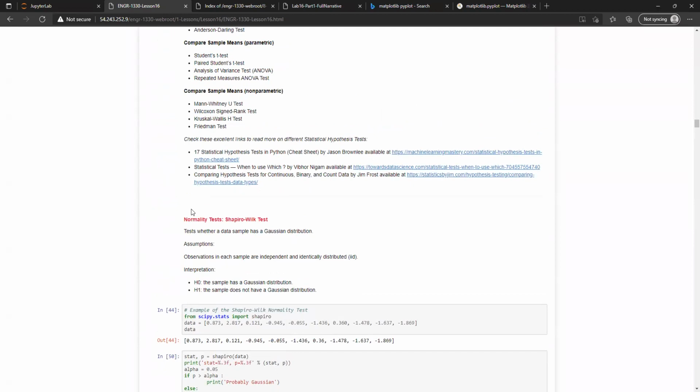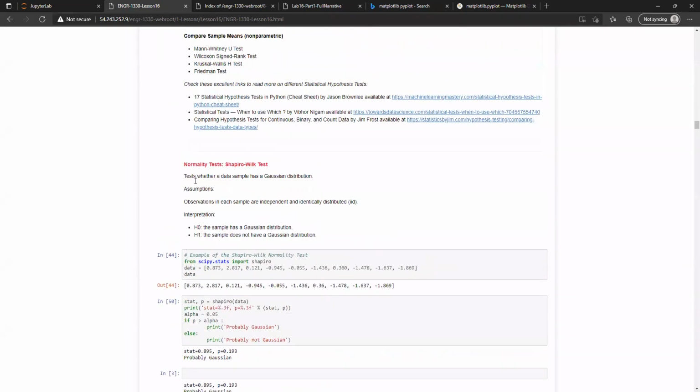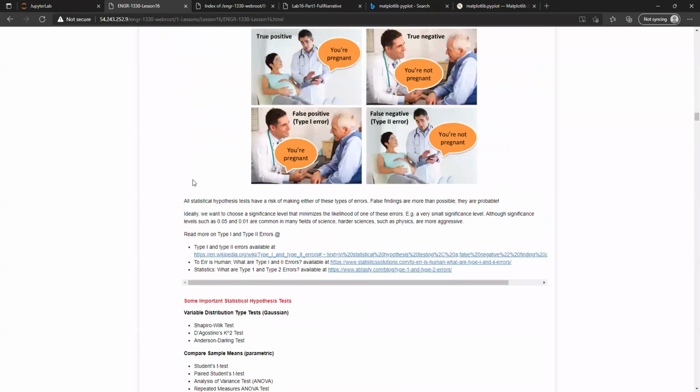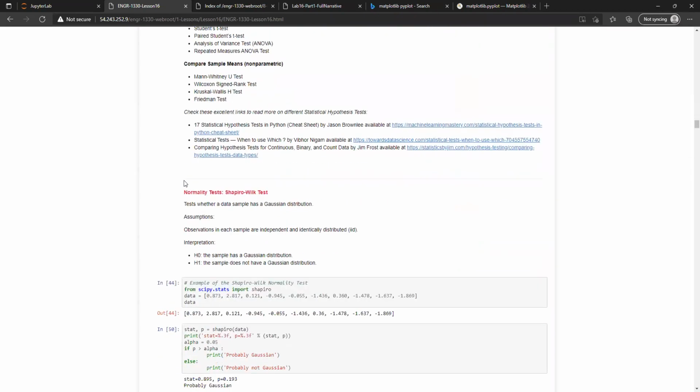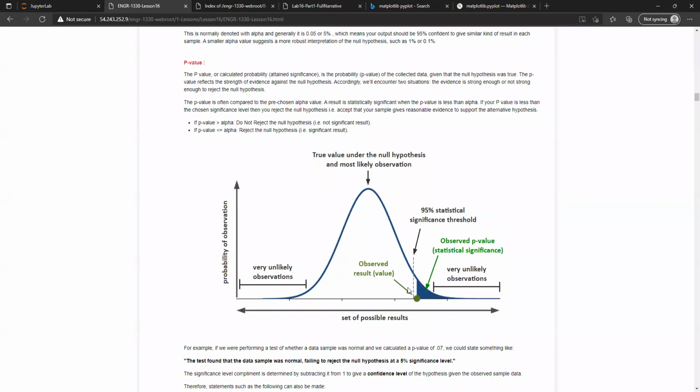It lets us either reject or fail to reject the null hypothesis. And whatever the null hypothesis is is up to us. But we now have, there was a diagram, yeah, here. We now have a way of, within the tolerance we set, correctly rejecting or failing to reject our hypothesis.